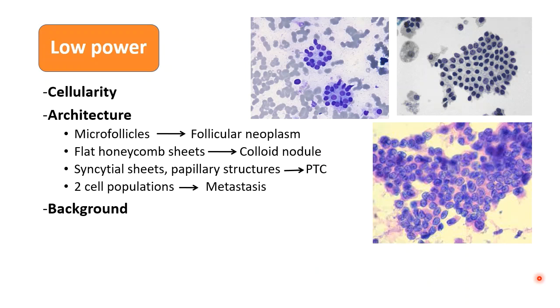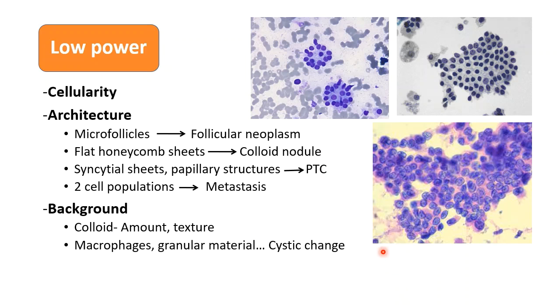The third thing we have talked about is the background. To look at the background, look for colloid. Look for the amount of colloid, if you have abundant colloid or only some amount of colloid, and the texture of colloid, whether it is thick colloid or thin colloid. So I told you thin colloid is mostly seen in benign lesions, whereas thick colloid can be seen in papillary thyroid carcinoma.